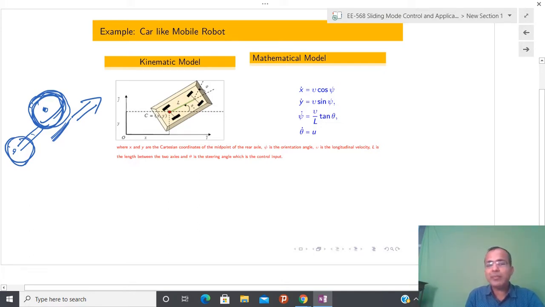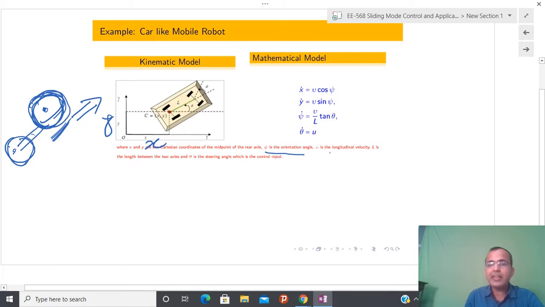So if you do the kinematic model of this car, we are assuming that this car is moving in a plane where this is the x-axis and this is the y-axis. Here I have written psi, which is nothing but the orientation angle of this particular vehicle.